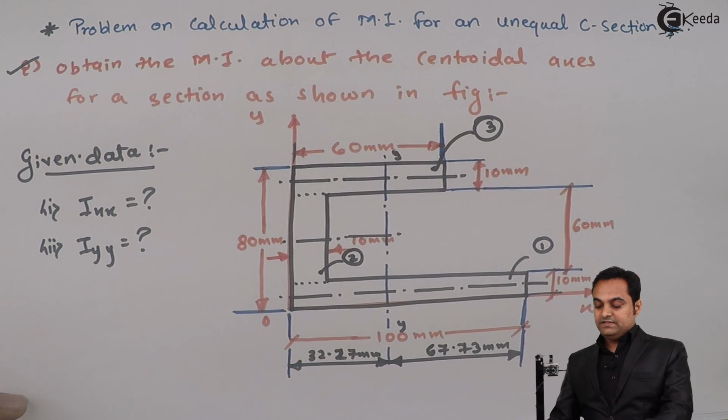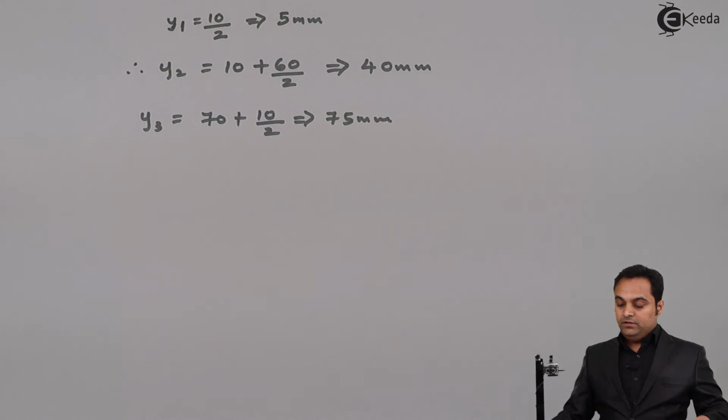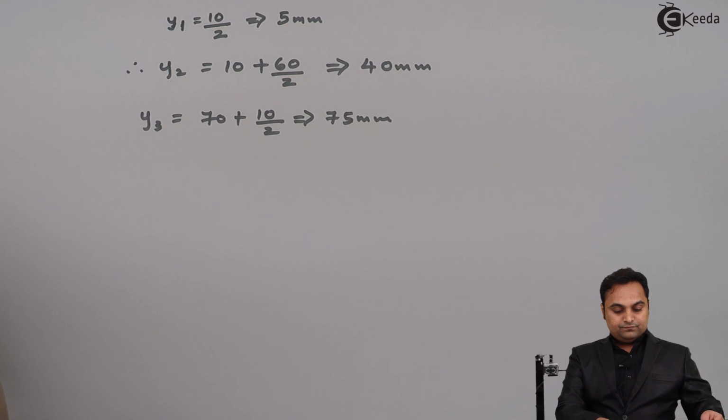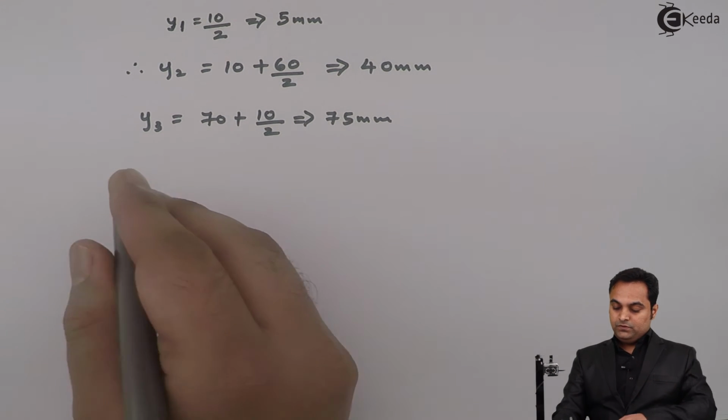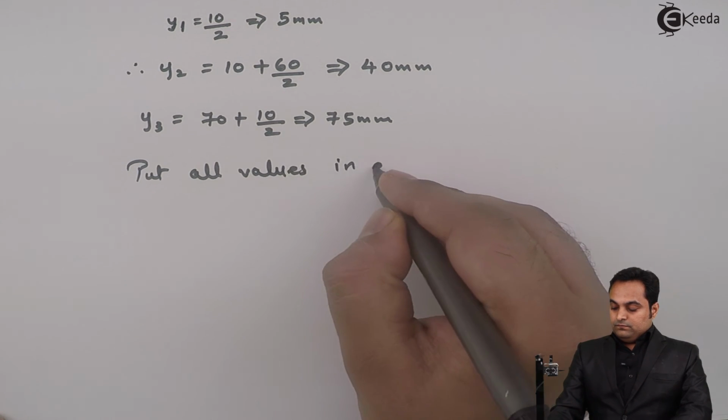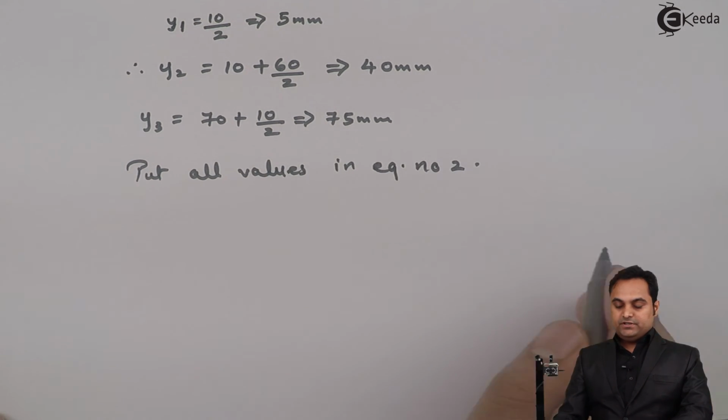So here is the x-axis for the third rectangle. Now once we know all the values, we can put them in the second equation, that is, put all values in equation number second.